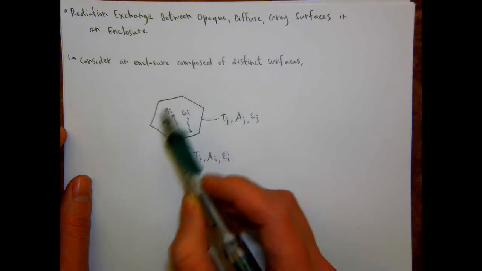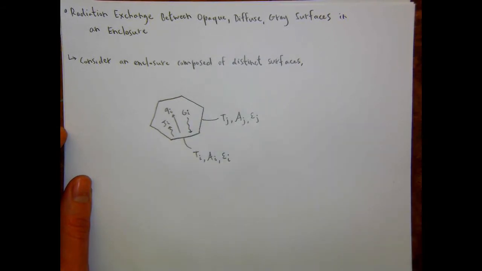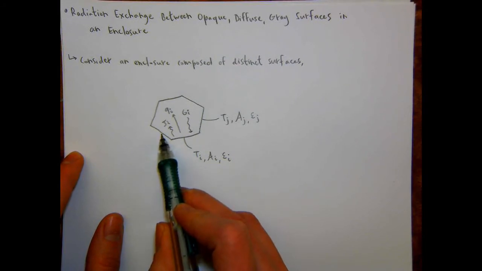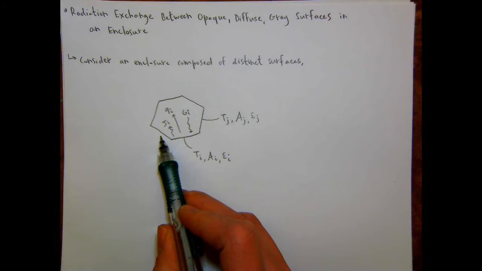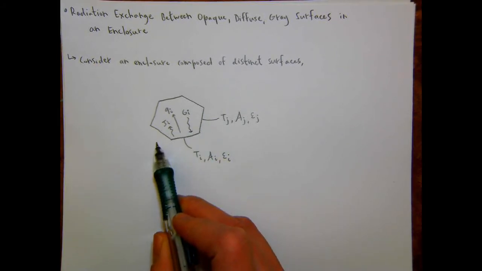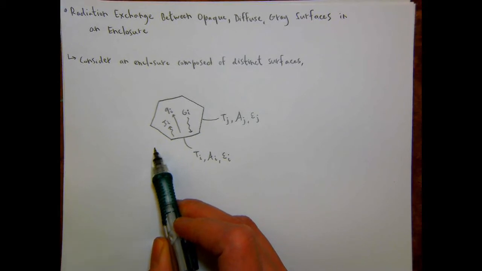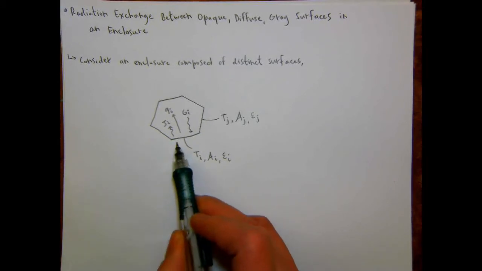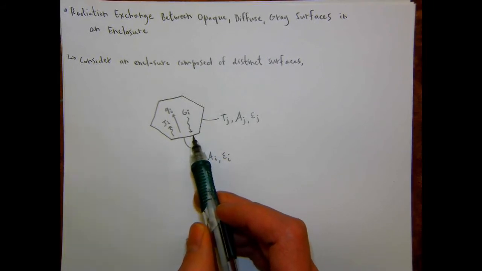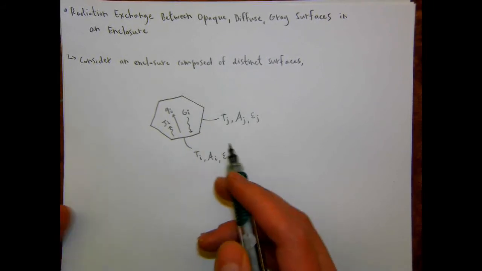And it was the same surface. So to maintain a single temperature, it had to emit the maximum possible radiation. But for each individual surface, that one surface is not necessarily going to absorb all of the radiation in the enclosure because some will be absorbed by the other surfaces. And so therefore, it cannot emit the maximum possible amount of radiation. So individually, when the surfaces are at different temperatures and are distinct, they do not approximate black body behavior.